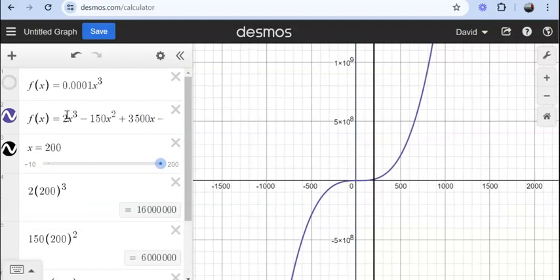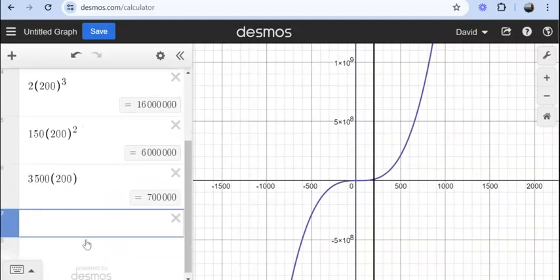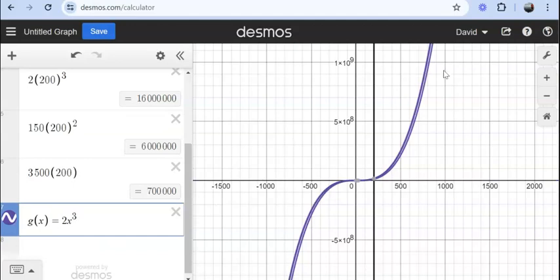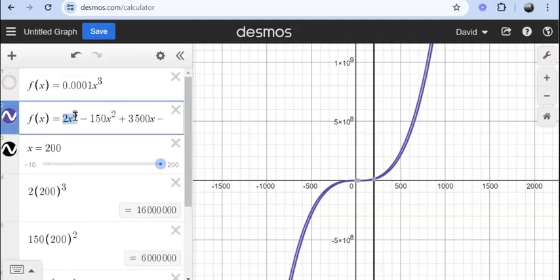So let's actually compare it. I'm going to graph just 2x cubed and nothing else. Wow, those are really similar. It's very hard to tell the difference between these two graphs when x gets really, really big. So if you want to look at the end behavior of a function, you want to imagine putting in x's that are really, really big.